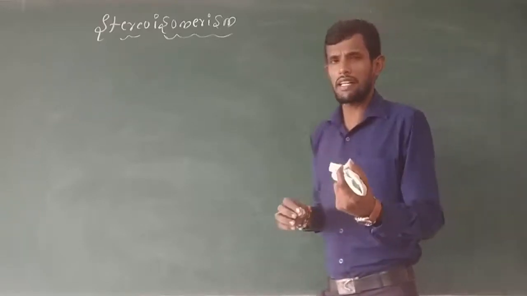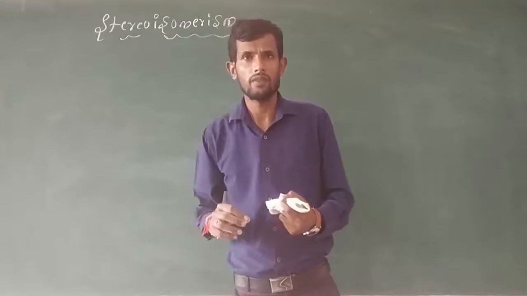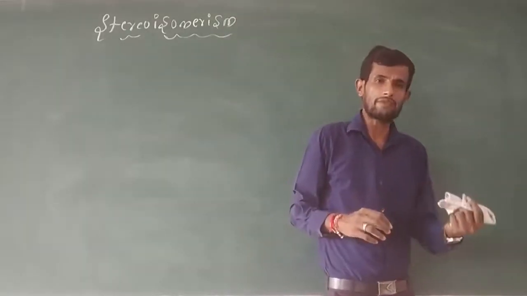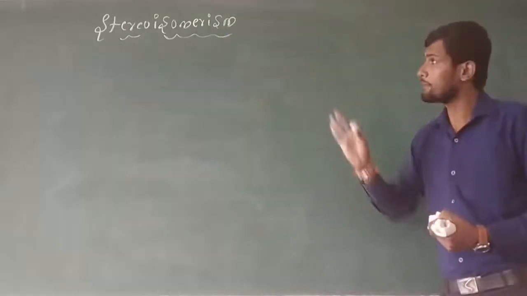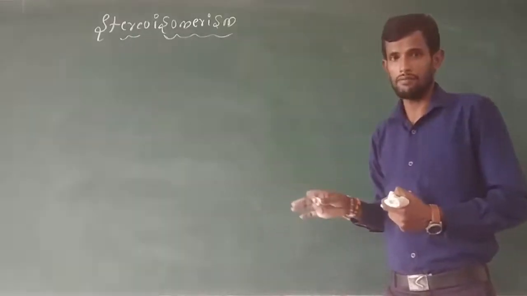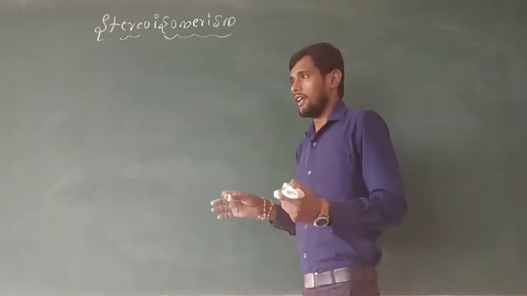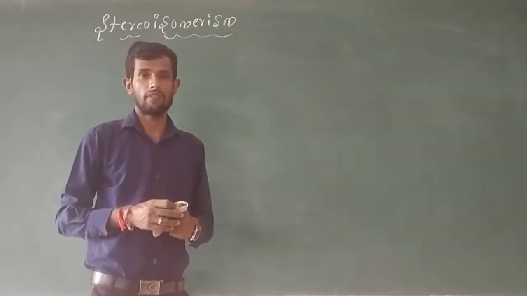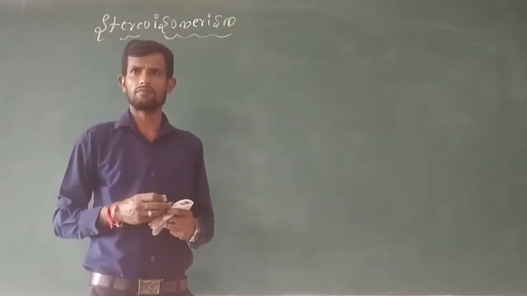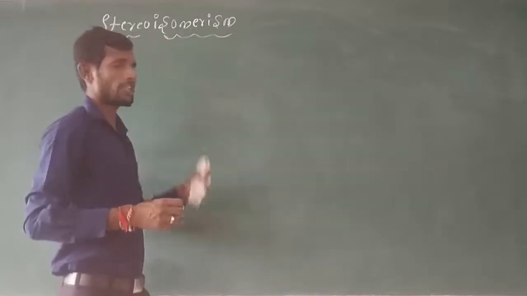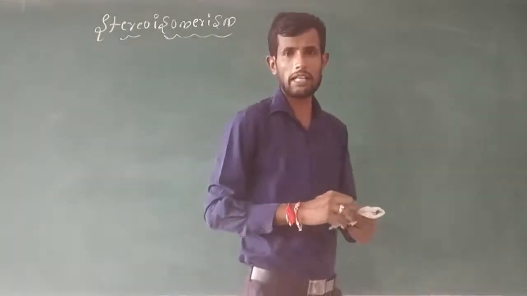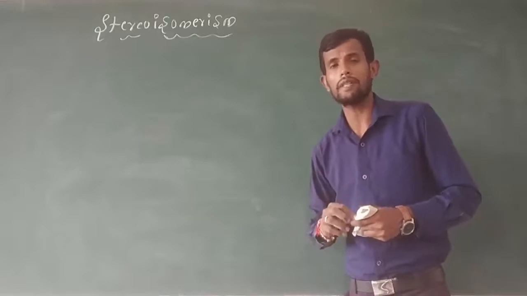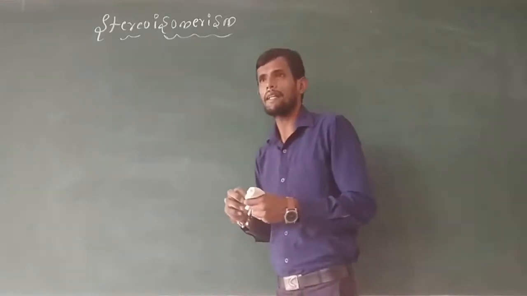What is the special arrangement? There are two types of isomerism in stereoisomerism, which explain which type of arrangement appears in a particular compound. In stereoisomerism, there are two types: one is geometrical isomerism and the other is optical isomerism.